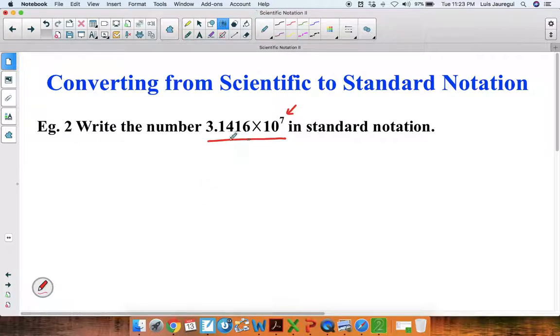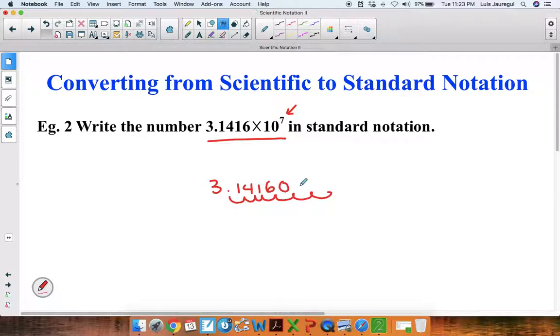So what we do, we take the first part, 3.1416, and based on this number, we notice that we're going to move the decimal point 7 times. In this case, to the right, so this number can be greater than 1. So we move it once, twice, 3 times, 4 times, 5 times, 6 times, and 7 times.